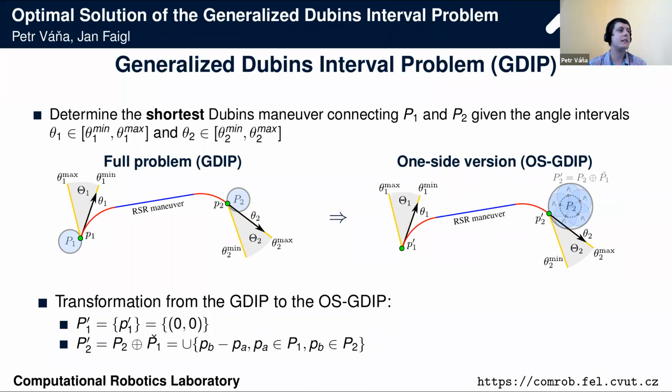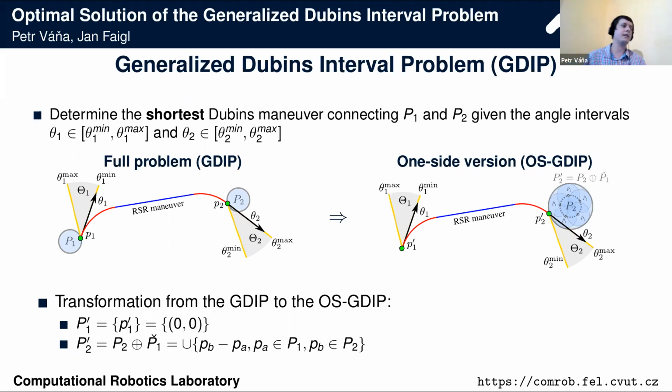And since I was talking about the Dubins interval problem, this paper extends this formulation and introduces the so-called generalized Dubins interval problem. The generalization is in the fact that not only is the heading angle selected from the angular interval, like here, but also the location P1 can be selected from the given disk area P1.